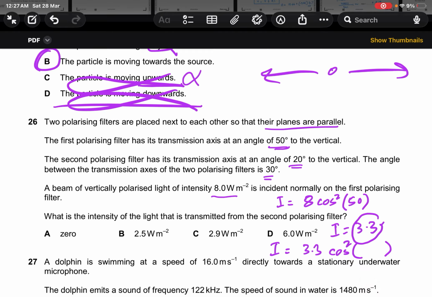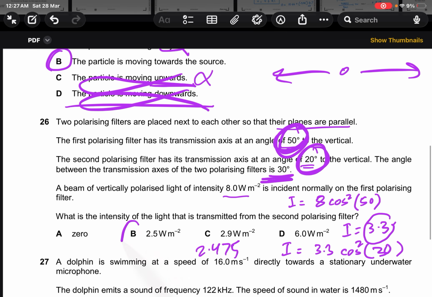You have to take the relative angle between the first and the second filter. First is 50, second is 20, so the relative angle is 30. So 3.3 cos squared 30 gives 2.475, which is option B. Got it? You have to take the relative angle between the two filters.